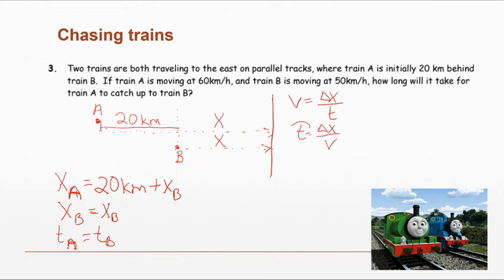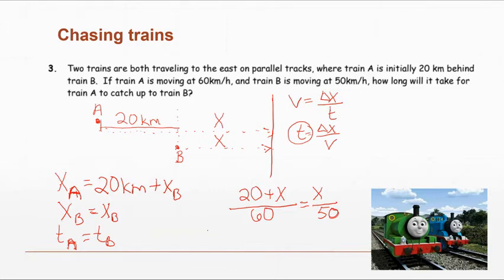Therefore, if both times are equal to each other, then I know that 20 plus x divided by my velocity of A, which is 60 kilometers per hour, I'm not going to include my units for right now, is equal to x divided by our 50 kilometers per hour. The kilometers per hour is going to end up canceling.